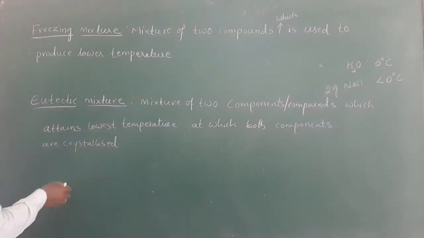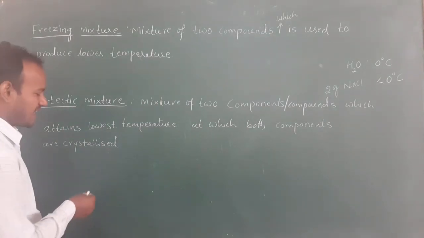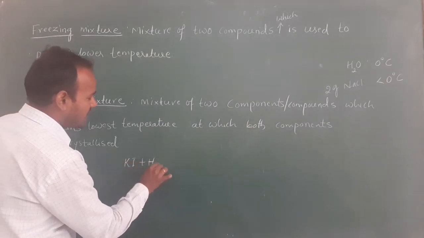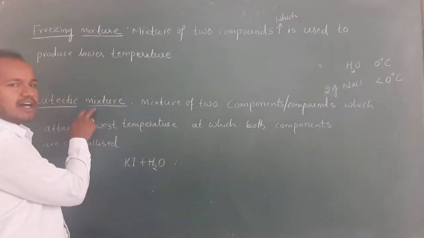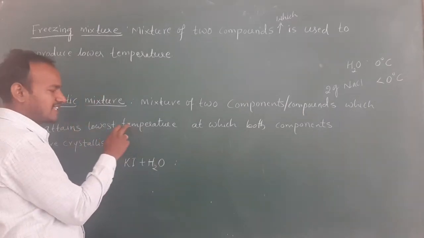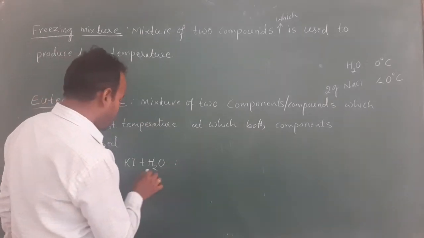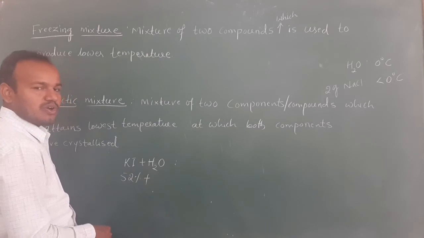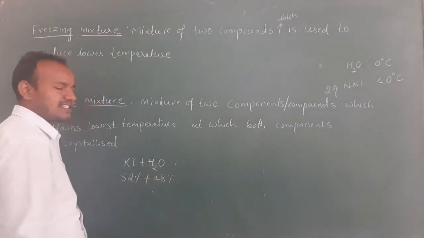I already gave an example of a eutectic mixture in the KI and water system, when KI is added to water. Only under a particular composition can you reach this point, the lowest temperature possible for the mixture of two components: when 52% of KI by mass and the remaining 48% by mass of water.